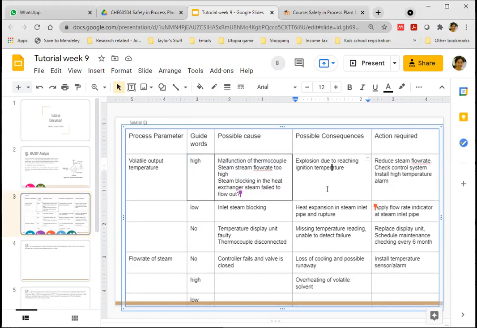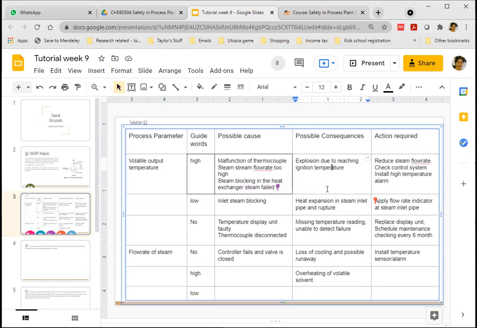If your steam cannot flow out, then there will be no steam coming in, right? Because it's one pipe. Once blocked, it will block the whole thing. That means there's only so much heat transfer that can be done. I think the last one may be for low temperature.